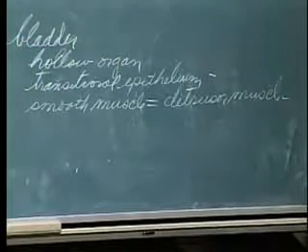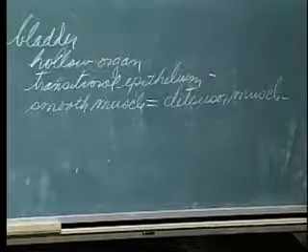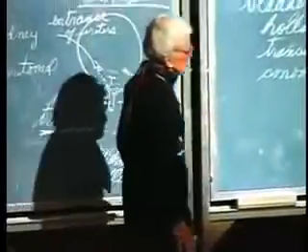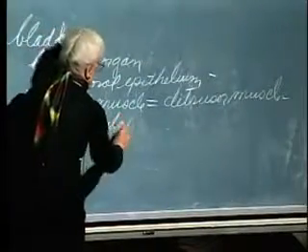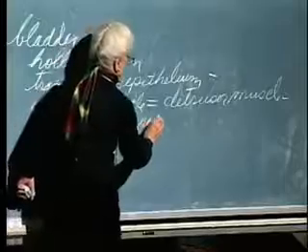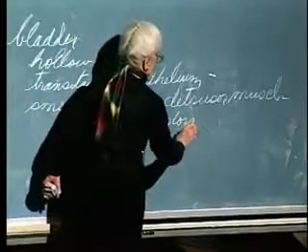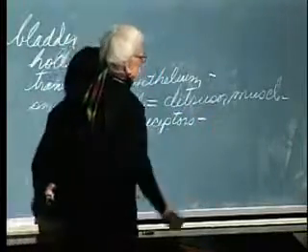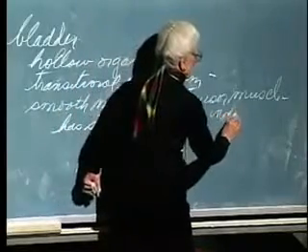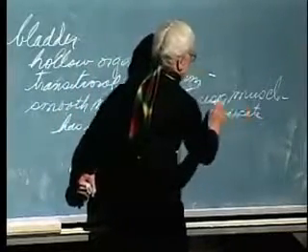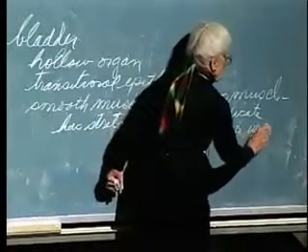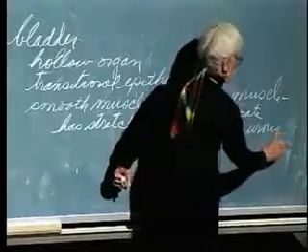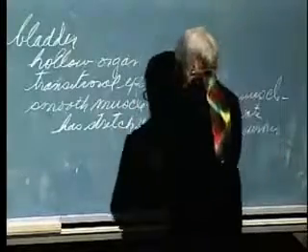And the muscle will have stretch receptors. It's the stretch receptor stimulation that lets you know when you need to urinate. It has stretch receptors that indicate time to urinate.